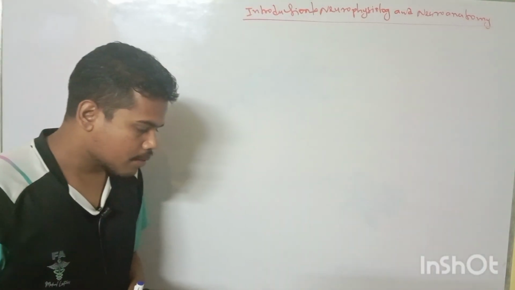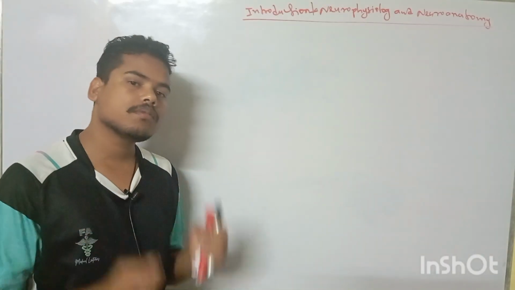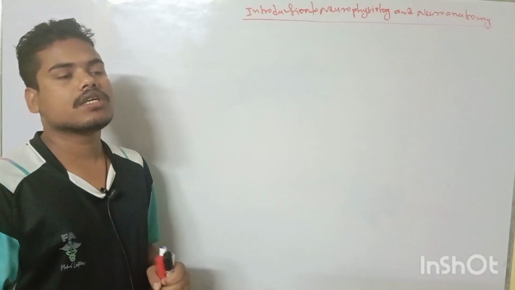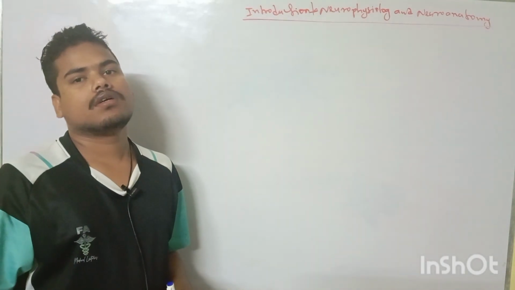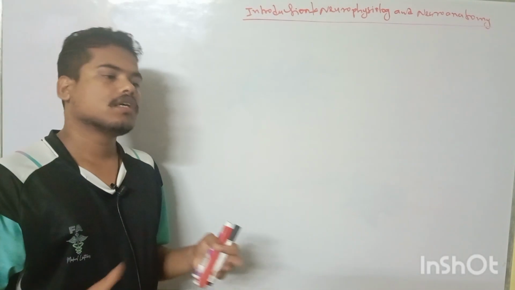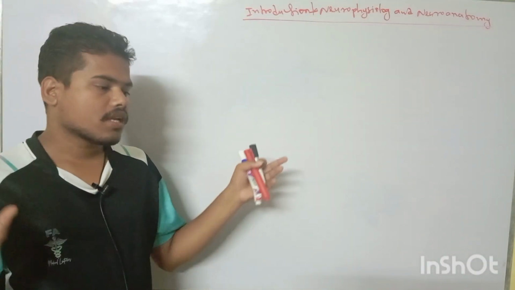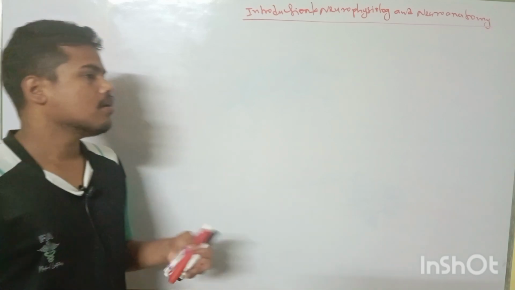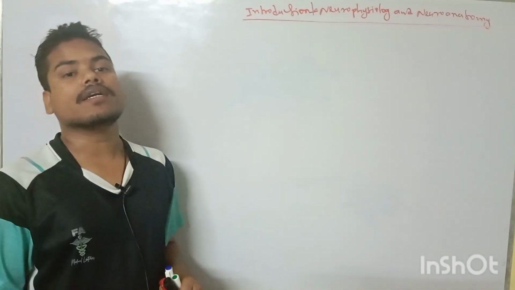In our body there are multiple systems. Among them, the nervous system is the one that controls and regulates the functions of the other organ systems and other structures of the body.